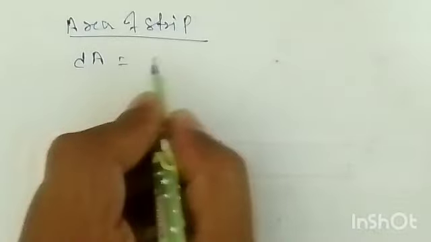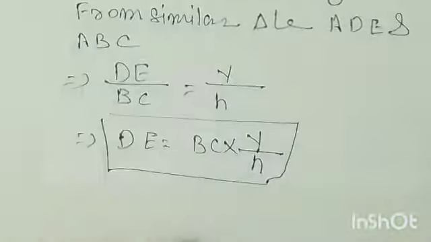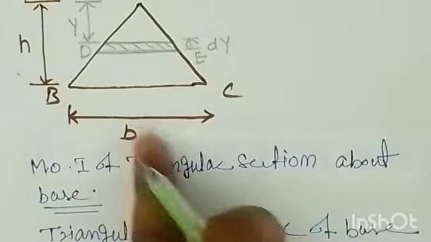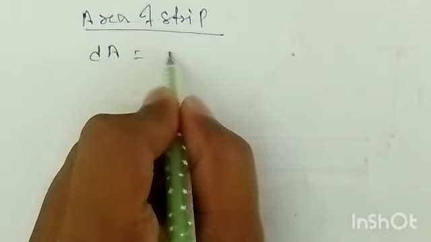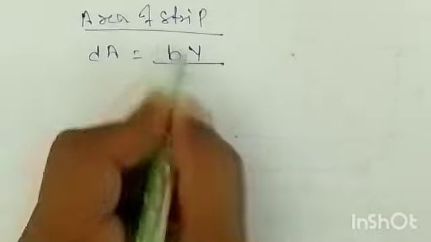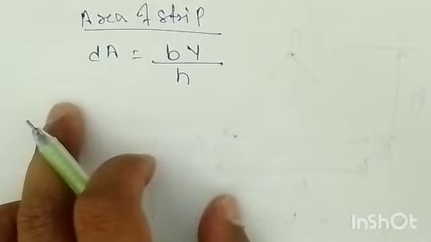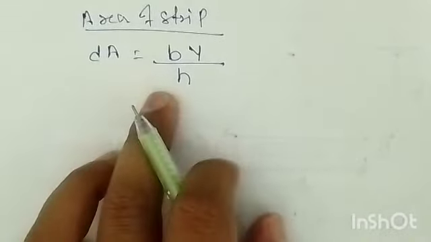DE is nothing but BC into y by h. And if you look here, BC is nothing but the base, which is B, right? So you can see directly that dA is equal to B y by h. B is nothing but BC, that is the width of the actual triangle, right? So now you have got the area of the strip, dA is equal to B y by h, right?